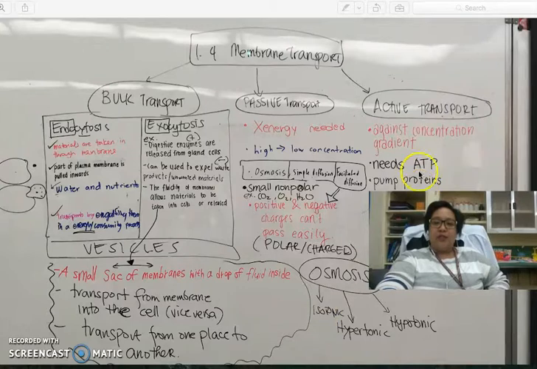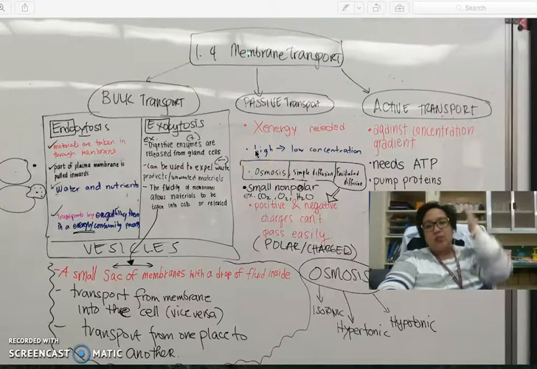All right, then active transport. There are three important things you need to know to describe active transport. Contrary to passive transport, active transport moves your substances against the concentration gradient. So instead of from high to low concentration, your substances will move from low to high concentration.